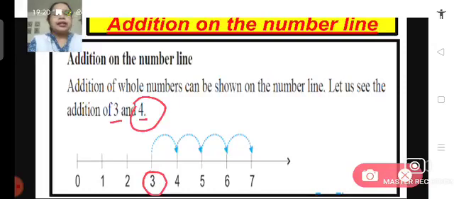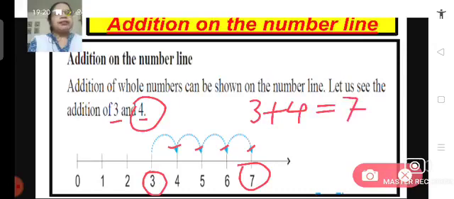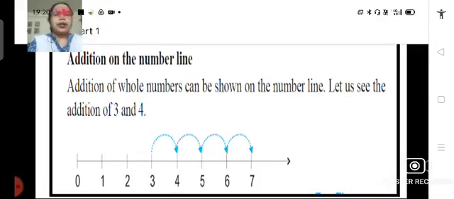Since it's addition, we move in the right direction. So we make 4 jumps, 1, 2, 3, 4, and we reach 7. So 3 plus 4 is equal to 7. This is how we add the numbers on a number line.